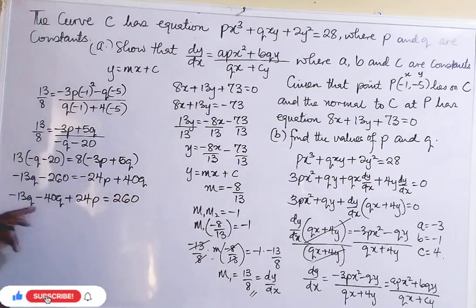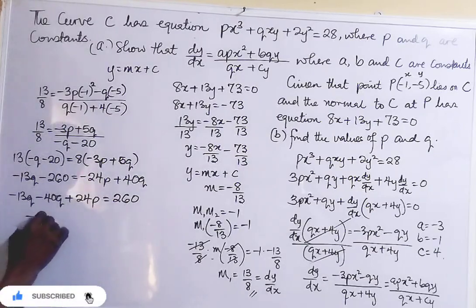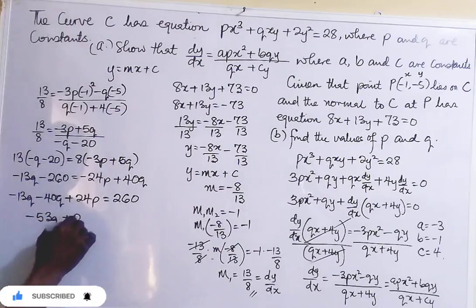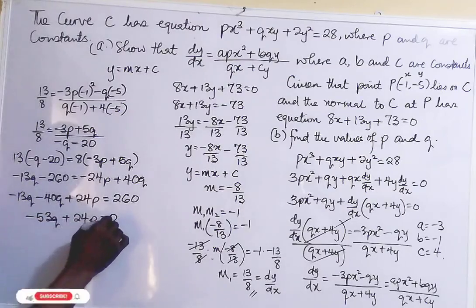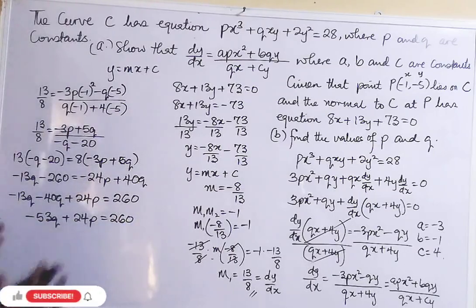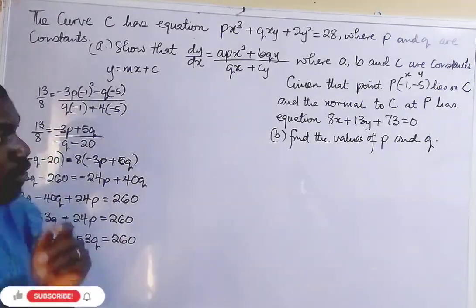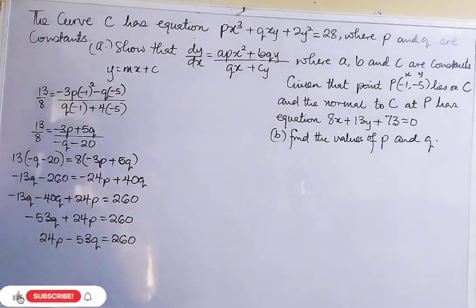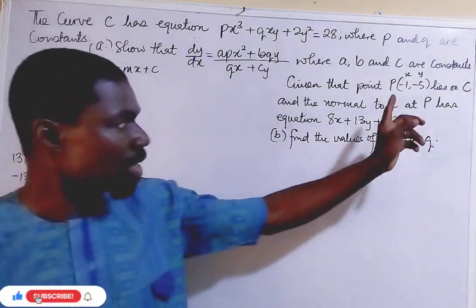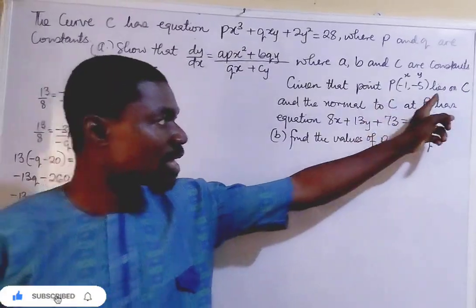So this and this will give us 53 if I'm not mistaken. -53q, then plus 24p, then equals 260. Now rearranging it so that it looks more beautiful, you have 24p minus 53q equals 260.